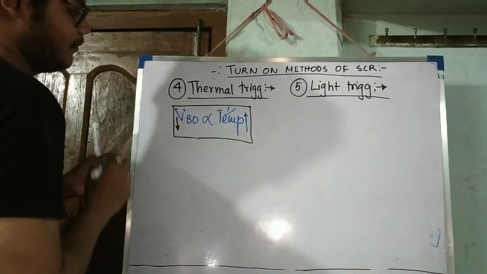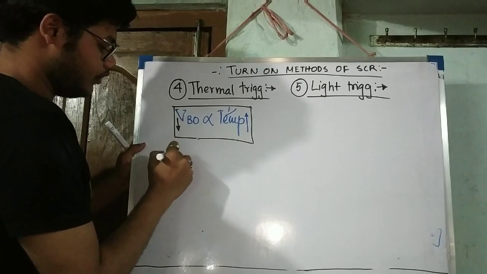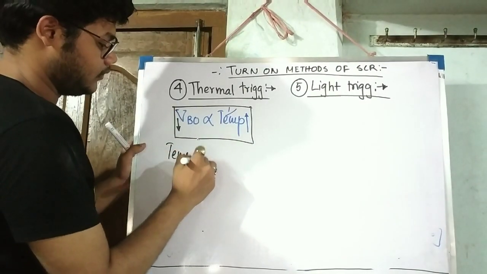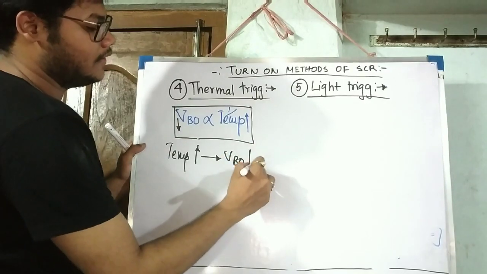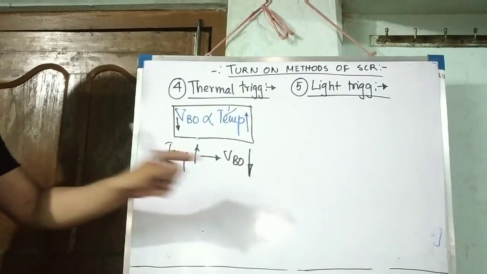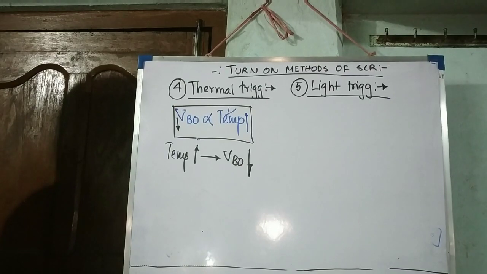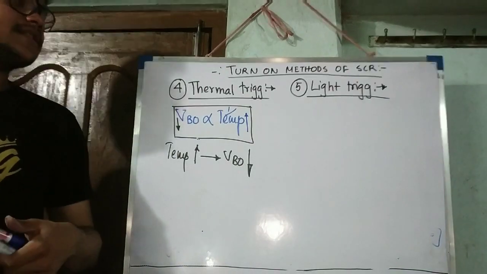Okay. So what is happening? When you increase the temperature, the value of the VBO decreases. And if the value of VBO decreases, that ensures the triggering of the SCR.